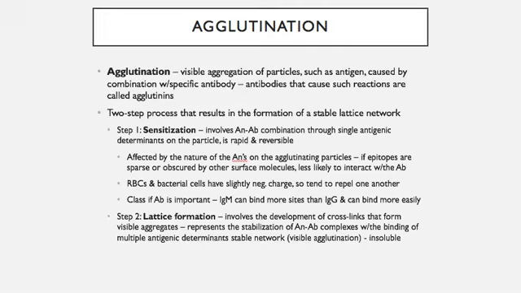If epitopes are sparse or are obscured by other surface molecules, then they're going to have less likelihood of interacting with their antibody. And then red cells and bacterial cells have a slightly negative charge, so they tend to repel one another.